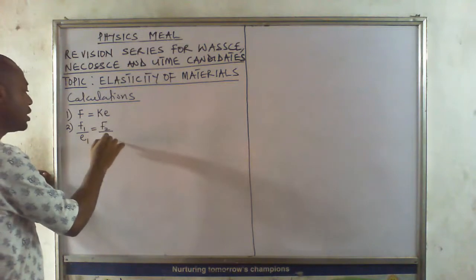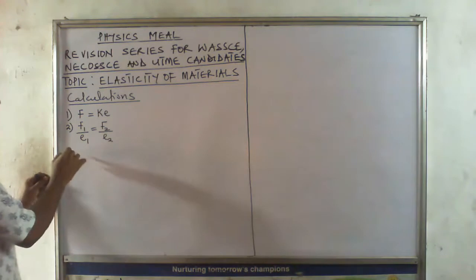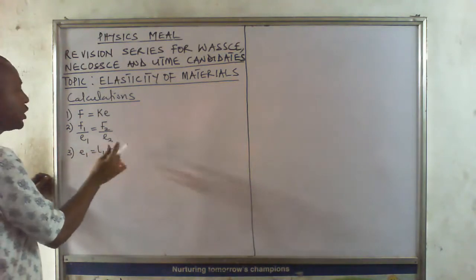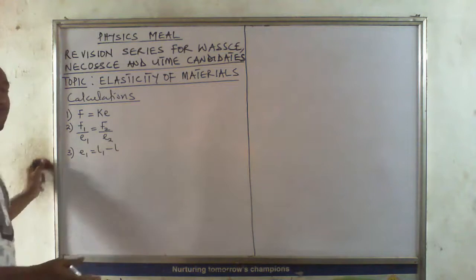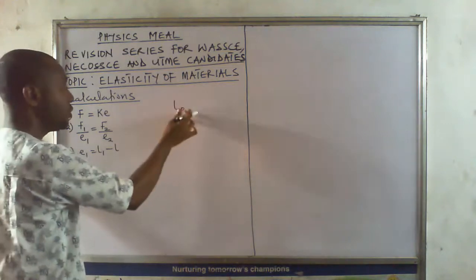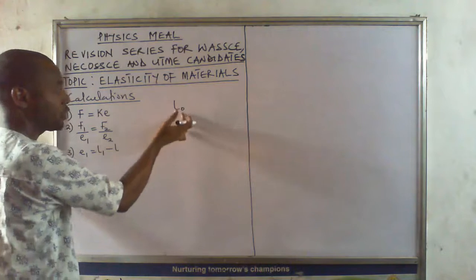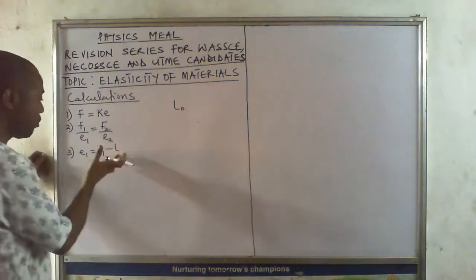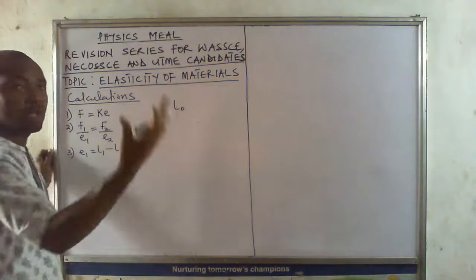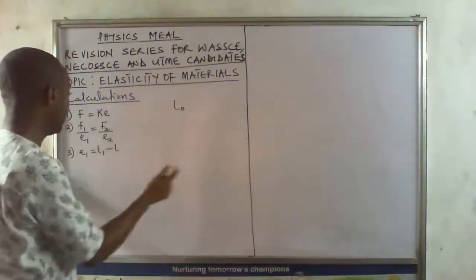We also say that extension e1 is final length minus original length, if original length is represented with L. Remember, in some of your textbooks they may use L naught, L sub naught. It's still okay. We are using L, so this L can still be L sub naught as the original length.